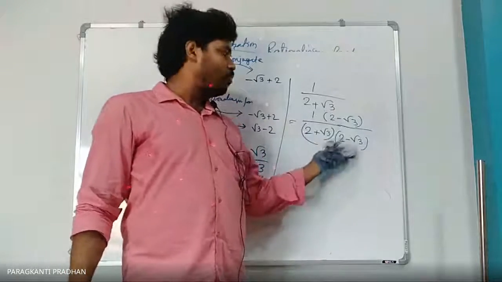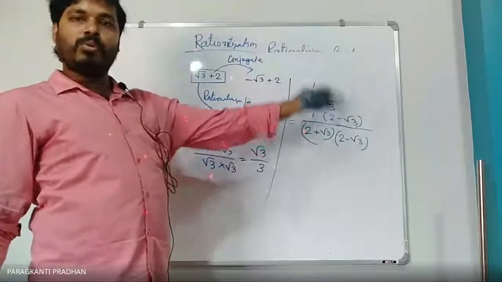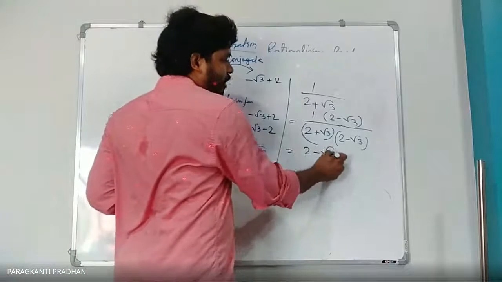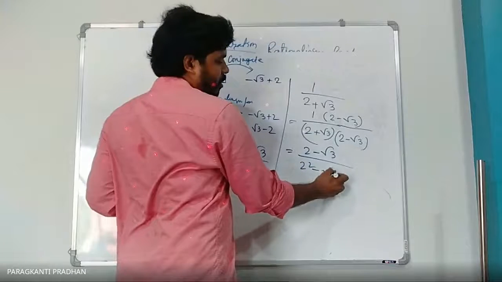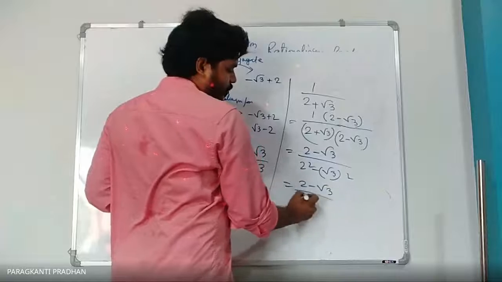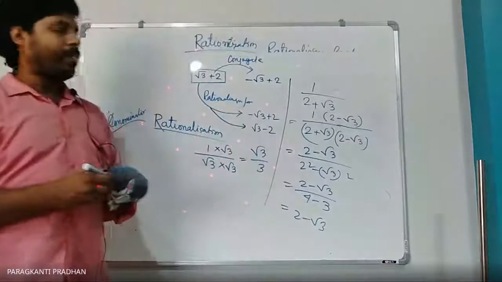We can multiply the same number with the denominator and numerator. So the numerator will be 2 minus root 3, and below is a plus b into a minus b, that is 2 square minus root 3 square, that is 2 minus root 3 by 4 minus 3, that is 2 minus root 3. Is it clear everyone?